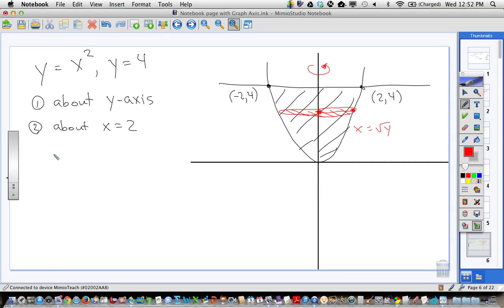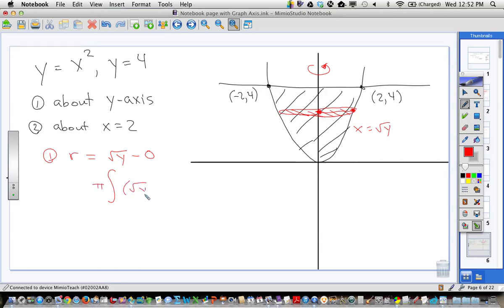And so our radius is going to be, what's our radius? Square root of y minus 0, right minus left. It's the right x-coordinate minus the left x-coordinate. So this x-coordinate is square root of y, this x-coordinate is 0. And so now our integral, since there's no empty space, we just put pi on the outside if you want.